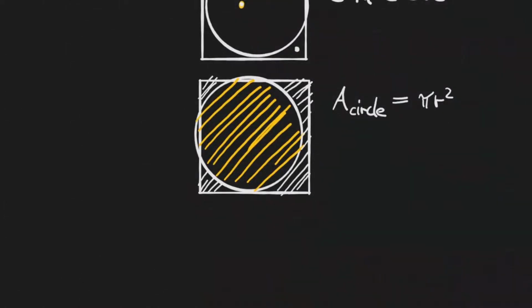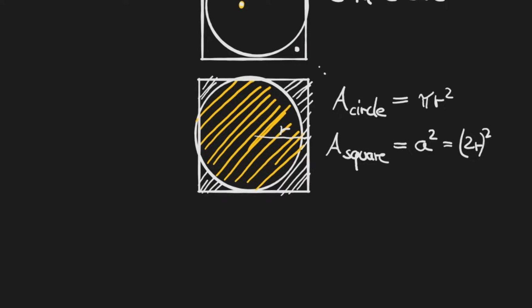We can use the same logic as for the circle, so we can just use the formula for the area of a square, which is just a squared, where a is the length. But in this case that would be 2r squared, as we have the circle with the radius r, and the side length of the bounding square is 2r, so we have 2r squared, which would be 4r squared.